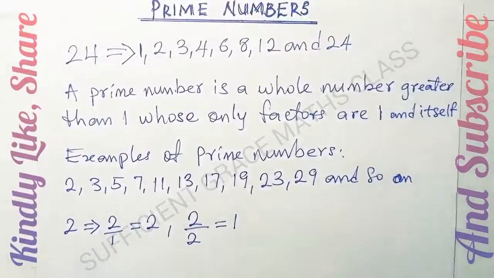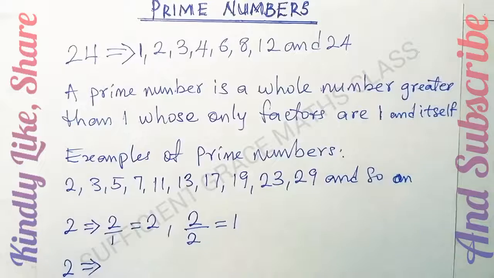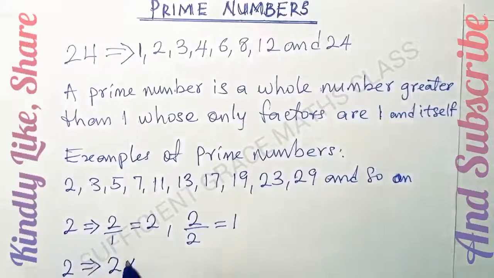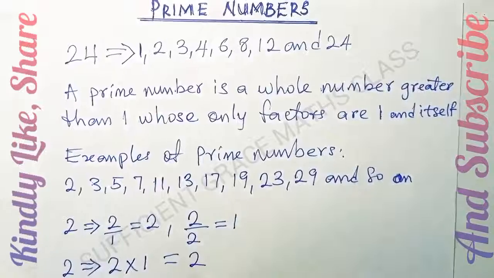And this prime number can only be multiplied by 1 and itself to give the original number, that is 2. That is, 2 times 1 gives us 2.